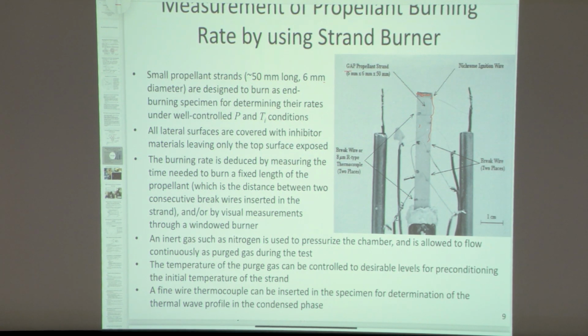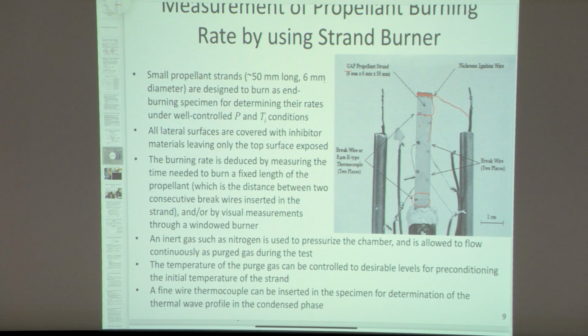I don't think it needs another material on the top to get it to ignite uniformly because the GAP burns very quickly. There's a nichrome wire coming over here as an ignition source. And then you can see at different locations down here, there's a break wire going through there. You can see right here, there's a break wire going through. I measure the distance between them, and I can get the burning rate from when those wires break.